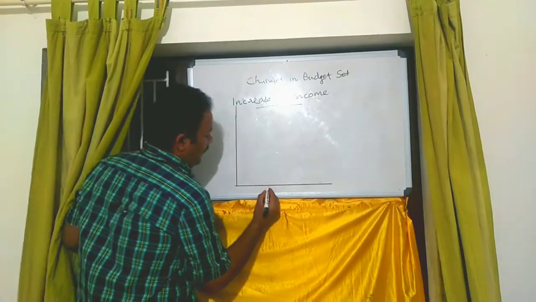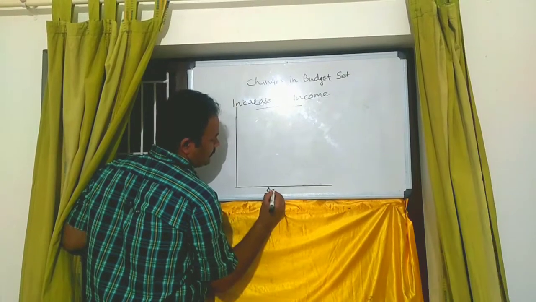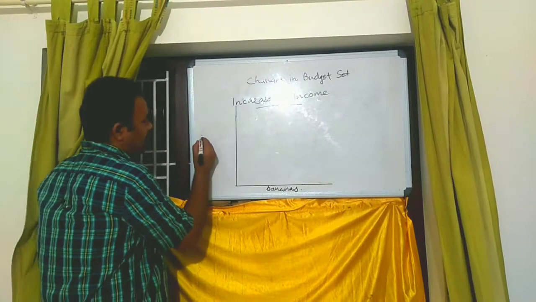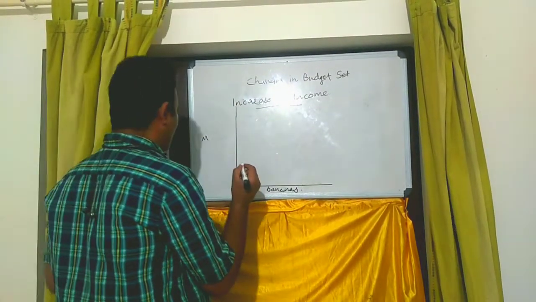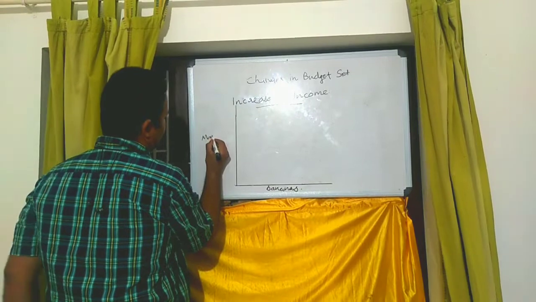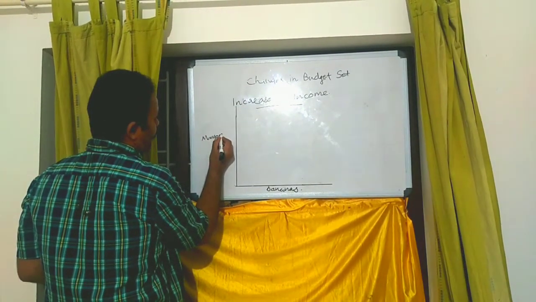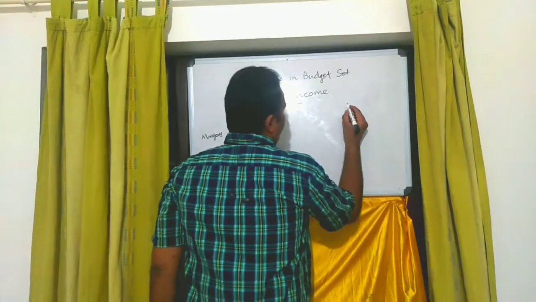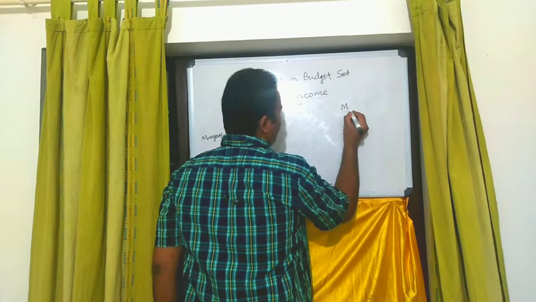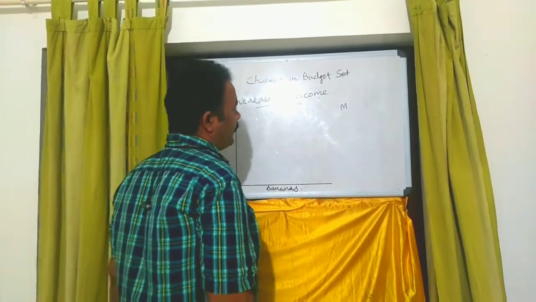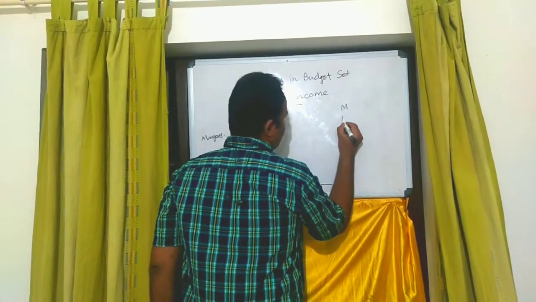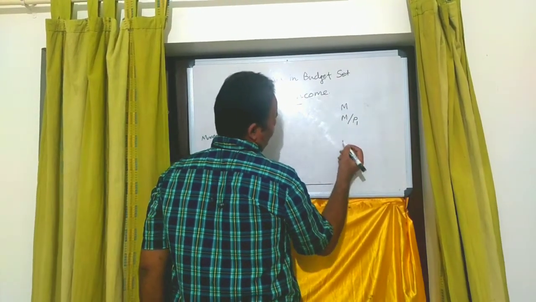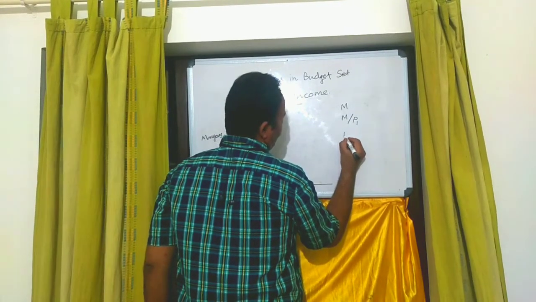Here we are taking bananas on the x-axis and mangoes on the y-axis. Then the initial income, that is M. At that time, horizontal intercept is M by P1, and vertical intercept is M by P2.